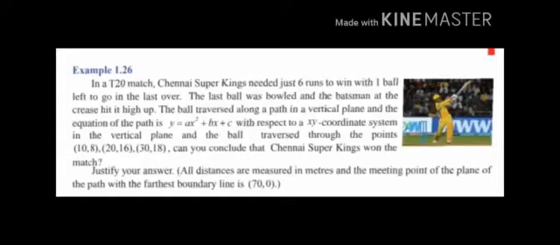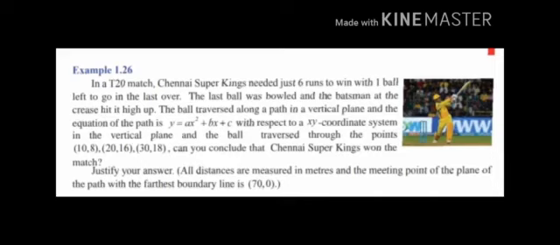And next we are going to do example 1.26. Example 1.26. In a T20 match, Chennai Super Kings needed just 6 runs to win with one ball left to go in the last over. The last ball was bowled and the batsman at the crease hit it high up.